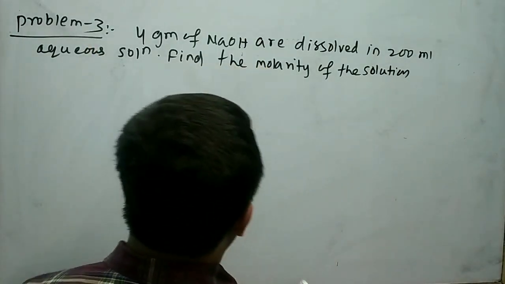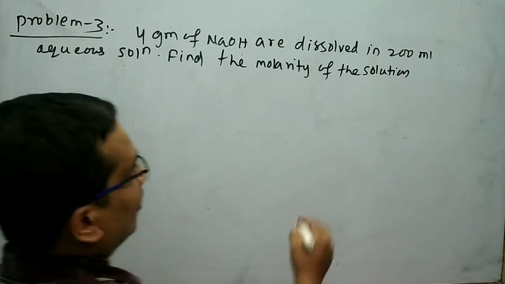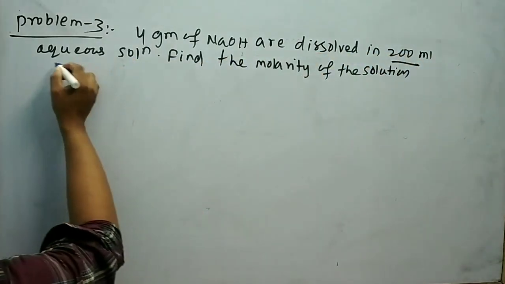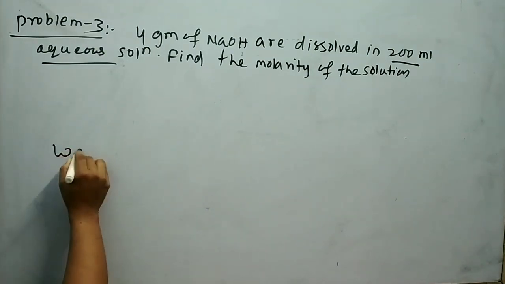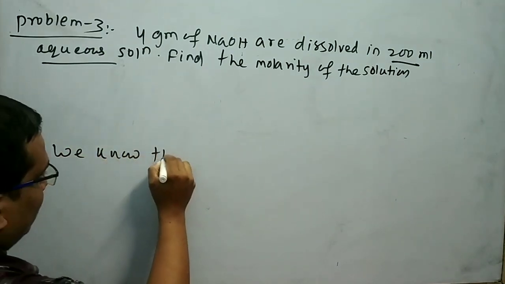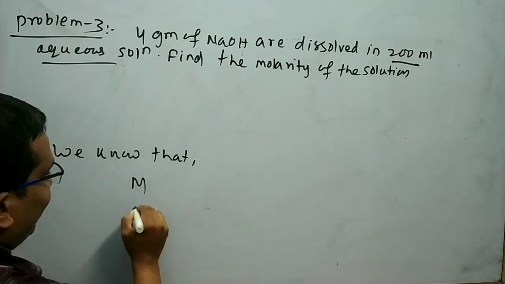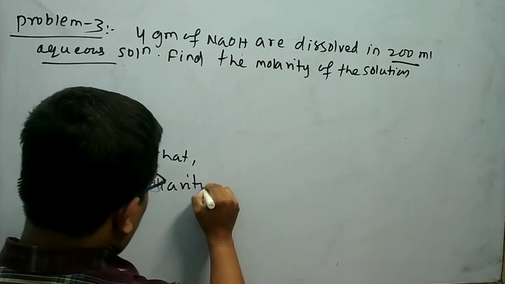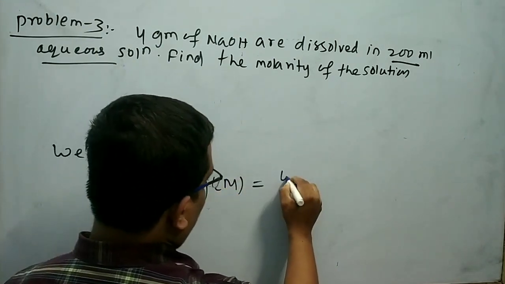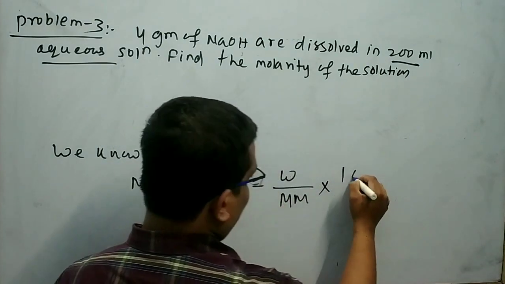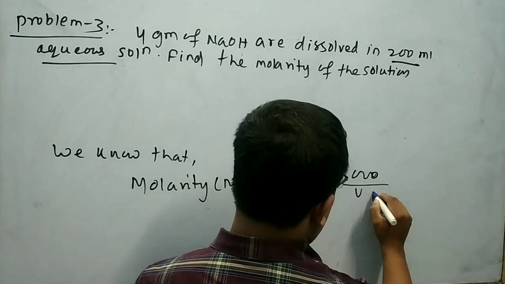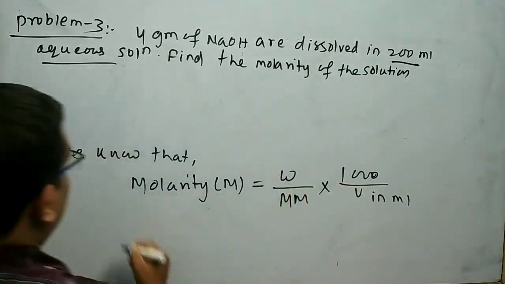4 gram of NaOH is dissolved in 200 ml aqueous solution. Find the molarity of the solution. We know that molarity equals W by molecular mass into 1000 by V in ml.